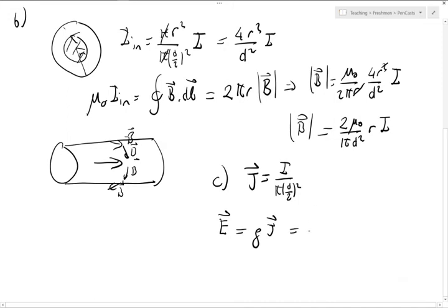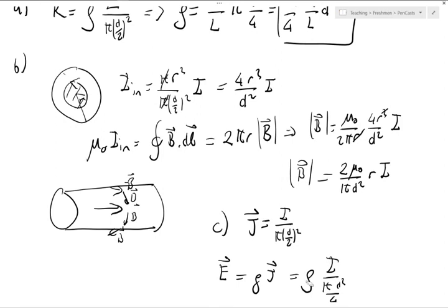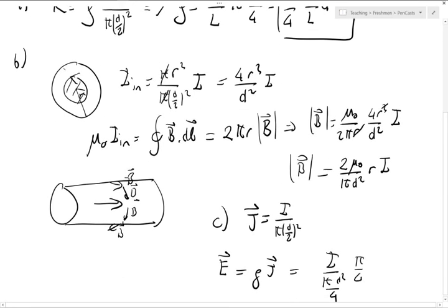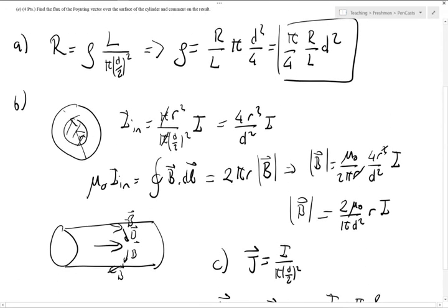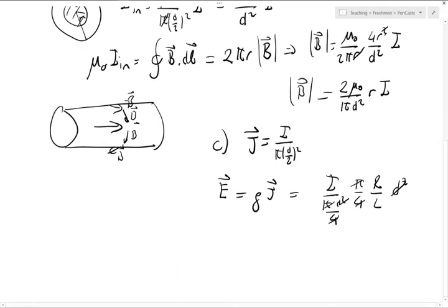So this is going to be rho times I over pi d squared over 4. And for rho, I already have the answer: pi over 4 r over L. The d squares cancel, pi over 4's cancel.